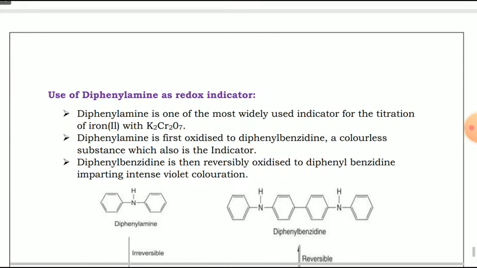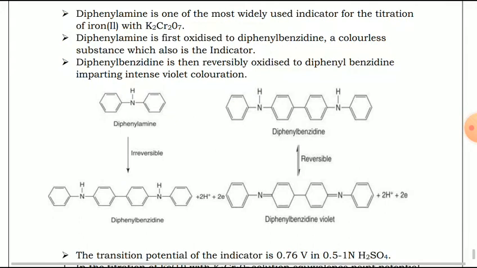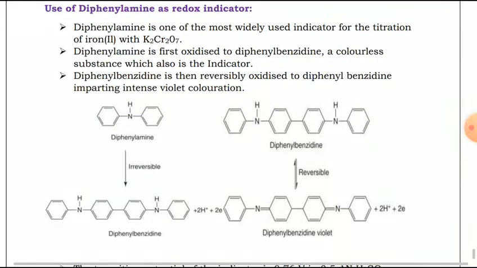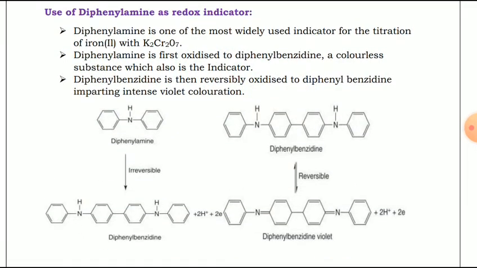See, this is the reaction. See, left hand side part of this reaction is what? First one will be the diphenylamine. Structure of two benzene rings attached to the nitrogen atom, that is diphenylamine.